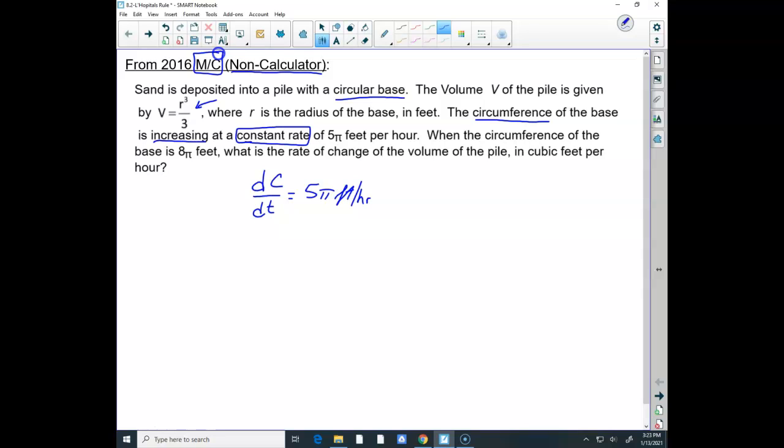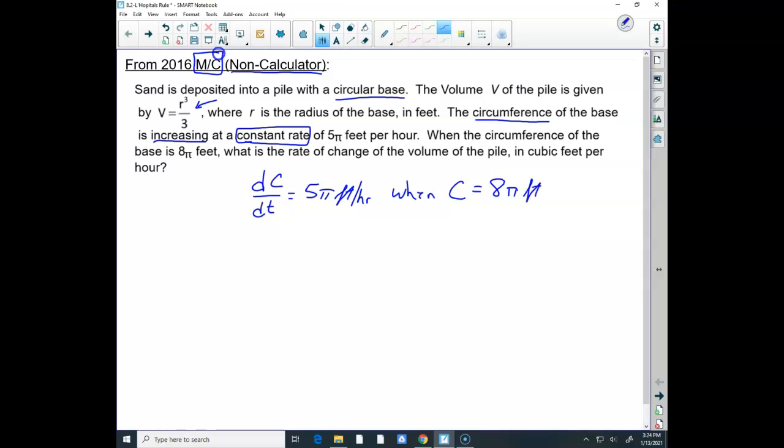Okay? And they want to know, it's increasing at a constant rate of 5 pi feet per hour when the circumference of the base equals 8 pi feet.